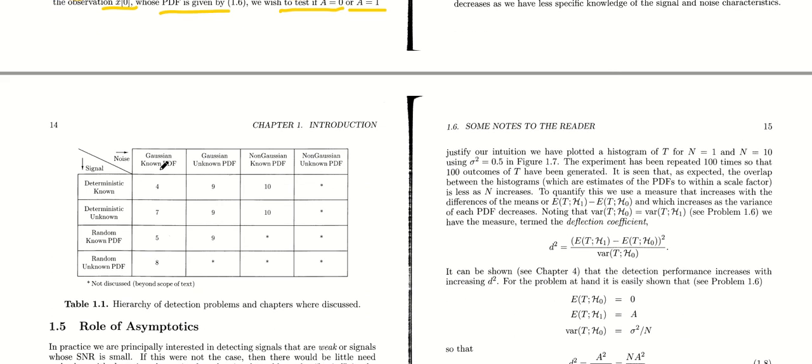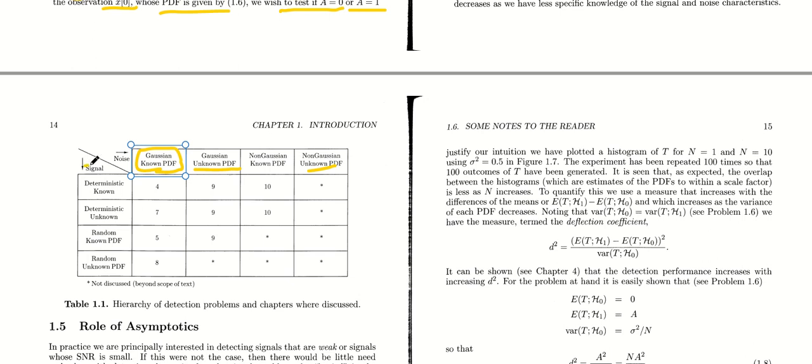So this is the Gaussian known-PDF case, the simplest case, and it could be Gaussian and unknown. What do we mean by unknown? The sigma square may not be known, right? For no reason should we assume that we know sigma square. So it could be unknown, and non-Gaussian and known, or non-Gaussian and unknown, or different kinds of combinations.